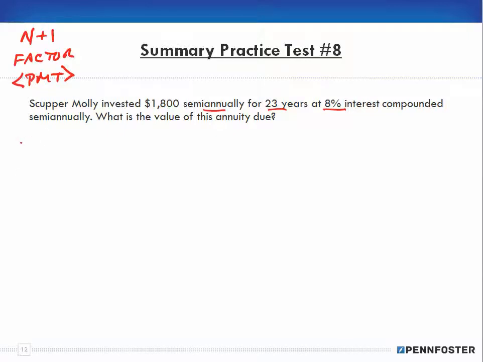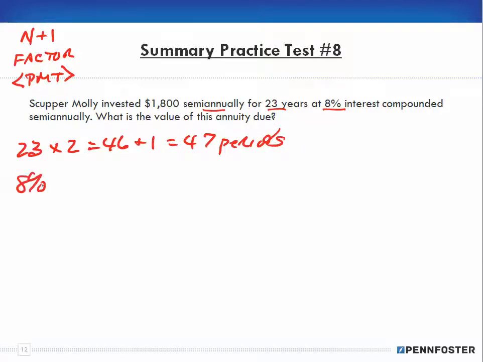So if I have 23 years compounded semi-annually, that gives me 46 periods, but I have to add 1, which means I'm going to look up 47 periods. And 8% interest divided by 2 means I'm looking up 4%. There's no 47 periods on the chart, so go into your Business Math Handbook and look up that factor.